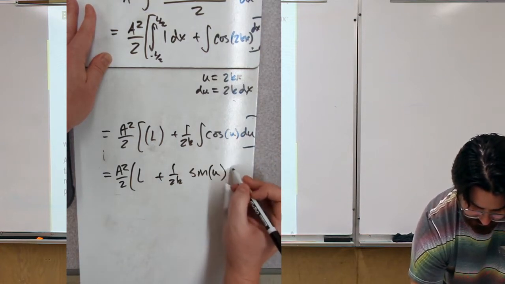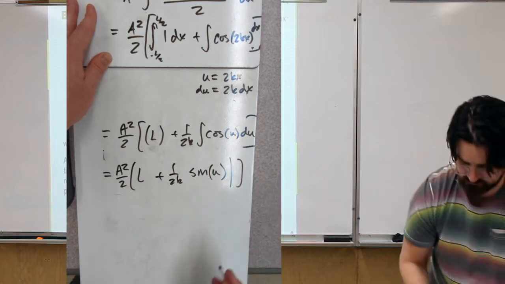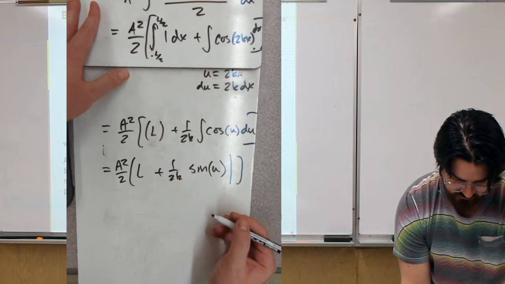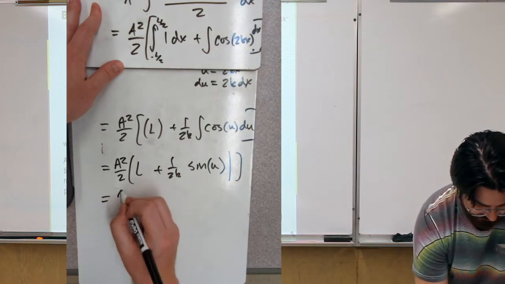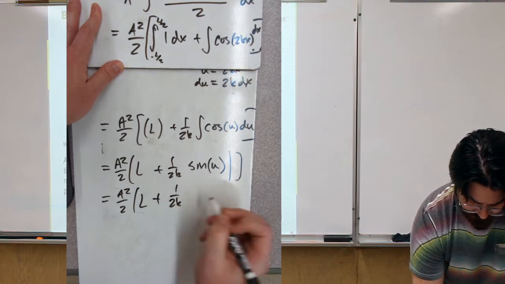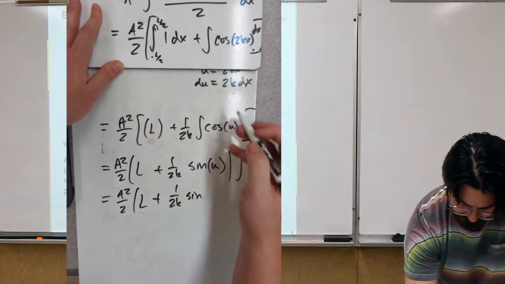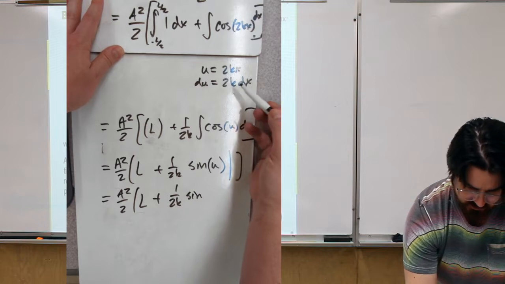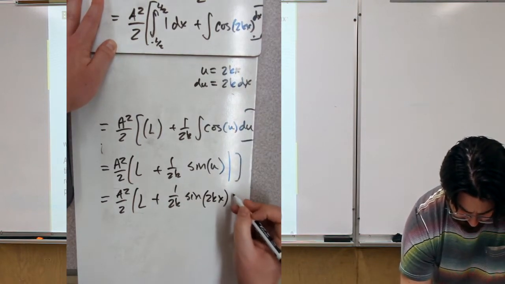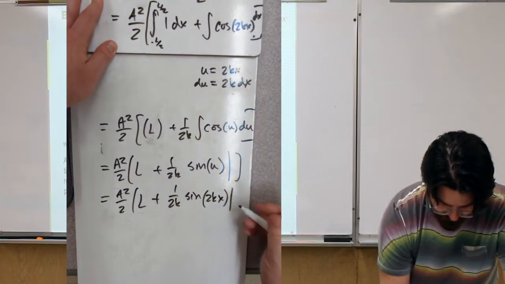Sine of u, but we still need to evaluate, and I'm just going to go back to the x variable in order to evaluate that. Because u was 2kx, and now that we're back to our original variable, we're back to our original bounds.